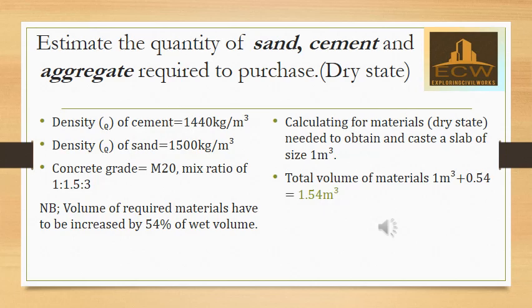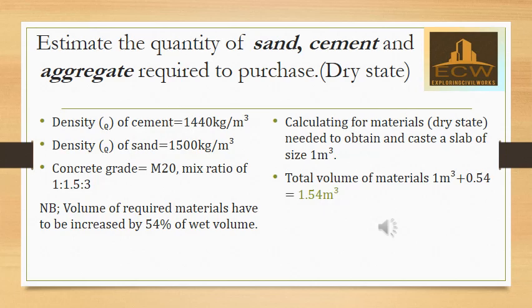For our calculation sake, M20 is okay. It comes with a mix ratio of 1:1.5:3. With the mix ratio, we have M15, M20, M25, M30, and so on. It depends on the choice of your structural engineer or supervisor. He may opt for otherwise. So take note of that.